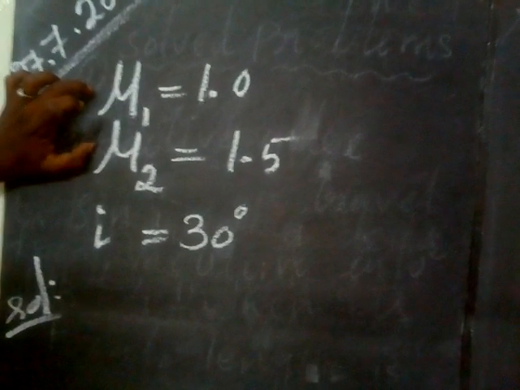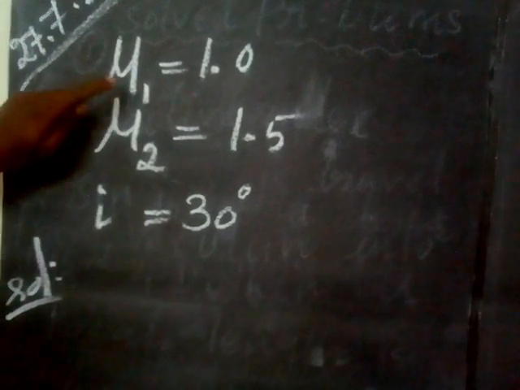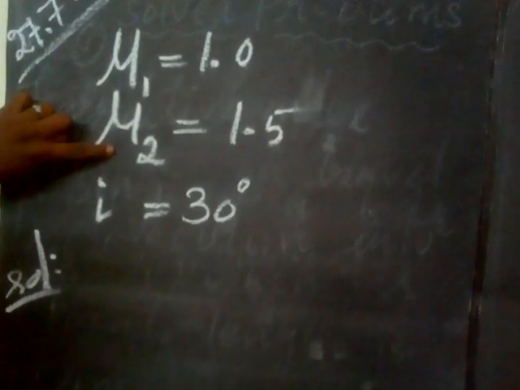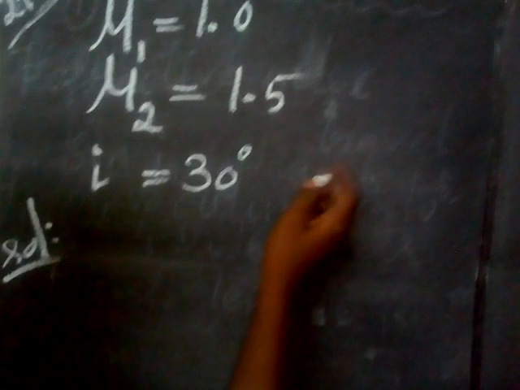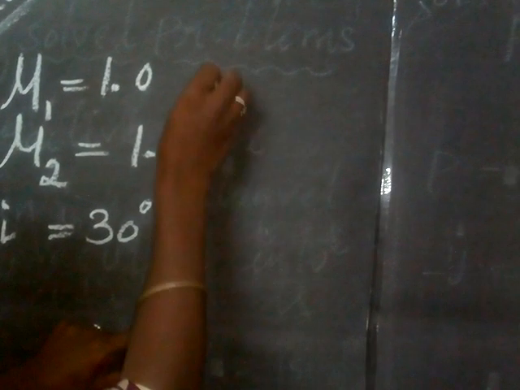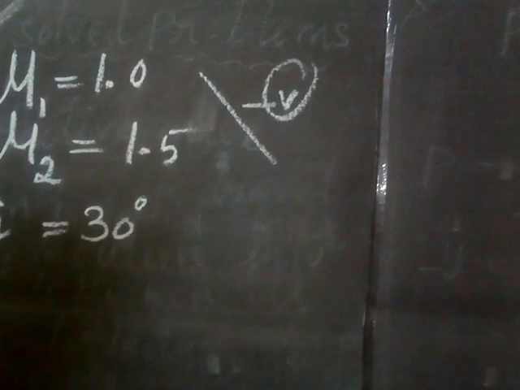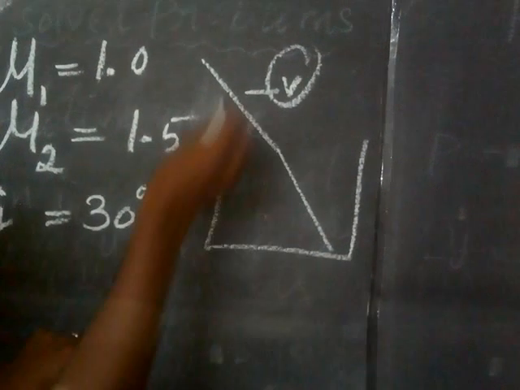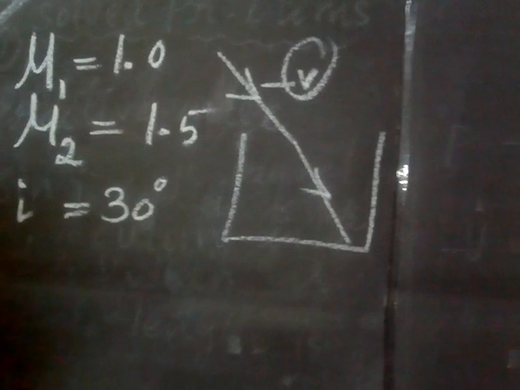This symbol represents the refractive index of the medium. Here mu1 is the refractive index of vacuum and mu2 is the refractive index of the glass material. The light travels from vacuum medium to glass medium, and you have to find the angle of refraction.